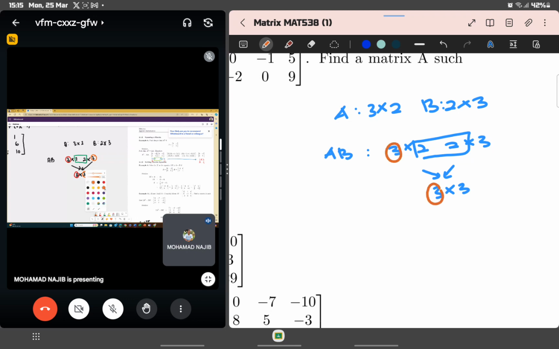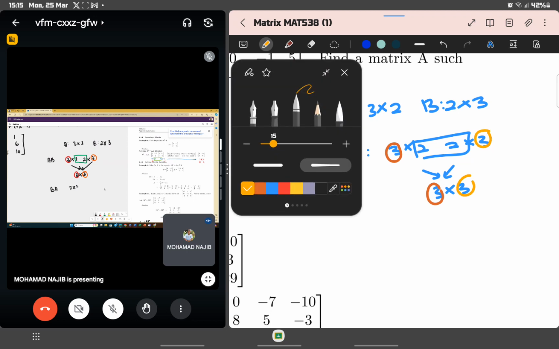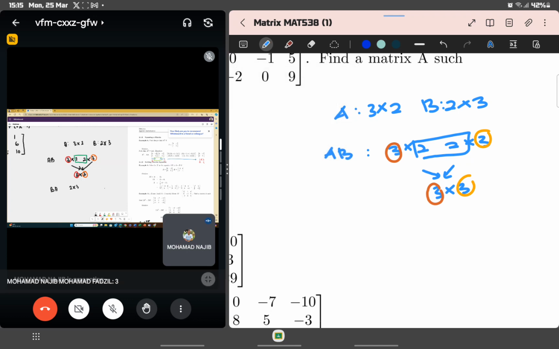Okey, B darab A pula. B darab A boleh tak? B A. B 2 by 3. Yang ni? A 3 by 2. Betul tak? Yes, sama sir. Sama. Jadi boleh juga dekat sini. Dia akan jadi apa?